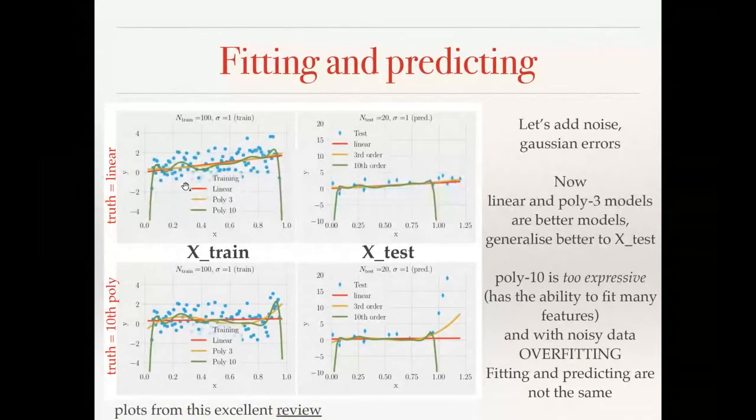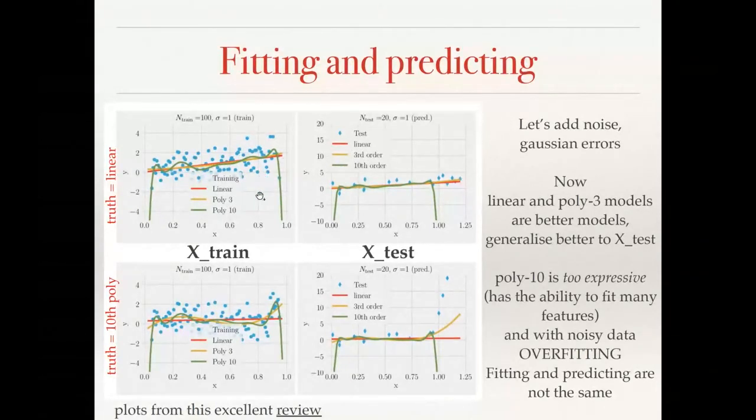Okay, so what happens in this case? The truth is linear. All these features we see, all this scattering, is due to error bars. The linear plot goes more or less like this, a straight line trying to go across the middle of all these points. The polynomial of third order also tries to do that.